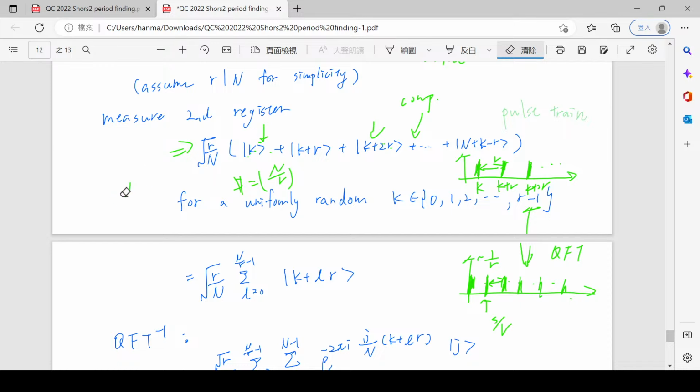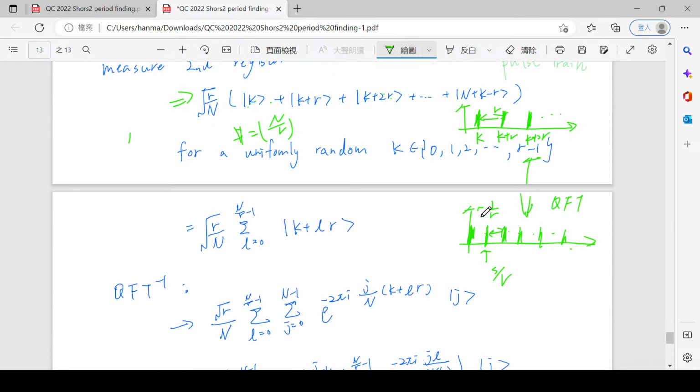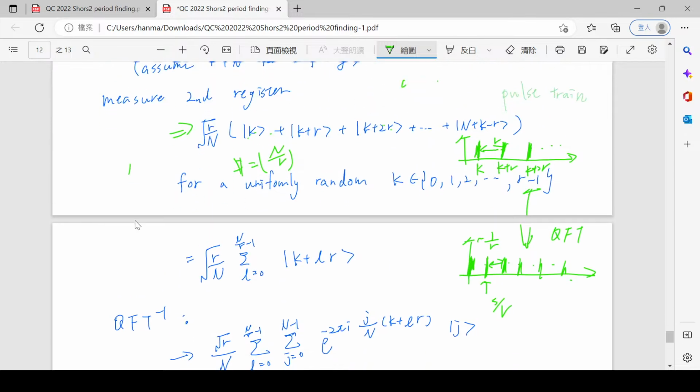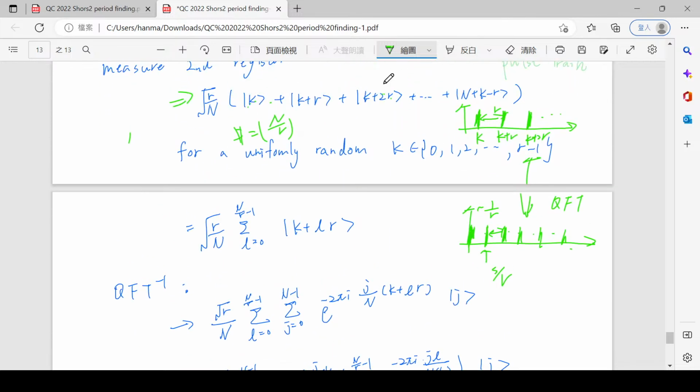Okay, so that's an aside. But let's see how the Fourier transform actually works. We start with this state. Let's write this in something cleaner. We give another dummy variable l, just saying how many r we add here. So this is square root of r over n, and the summation over l from 0 to n over r minus 1.